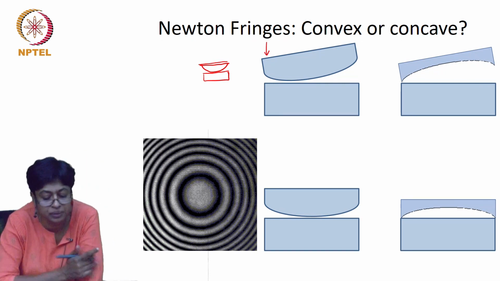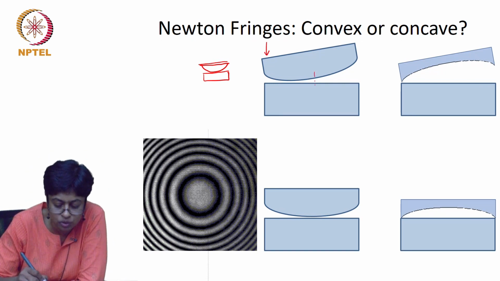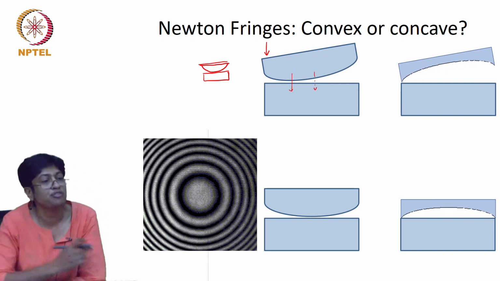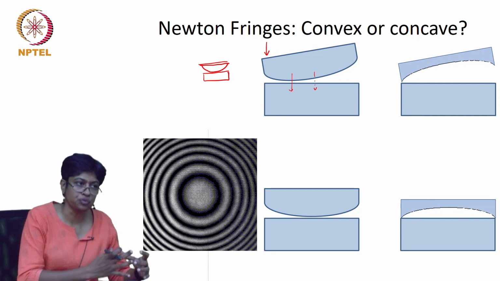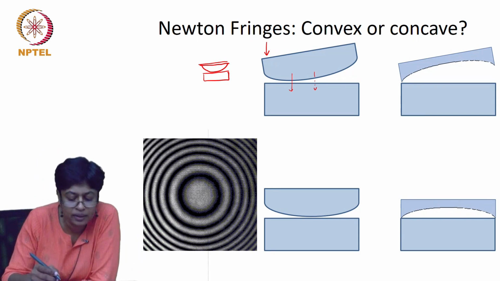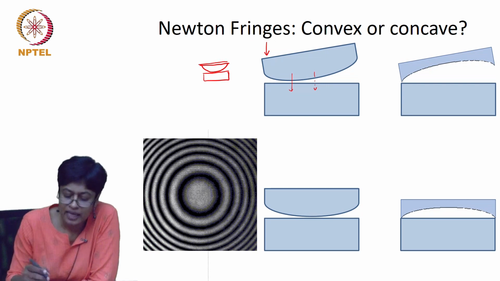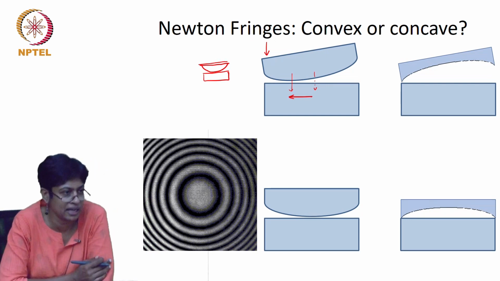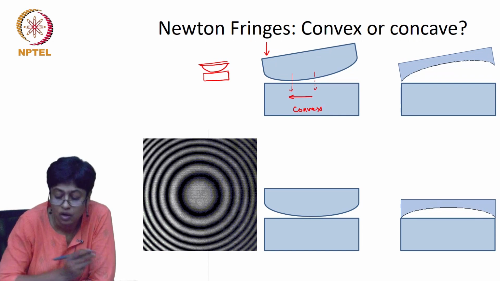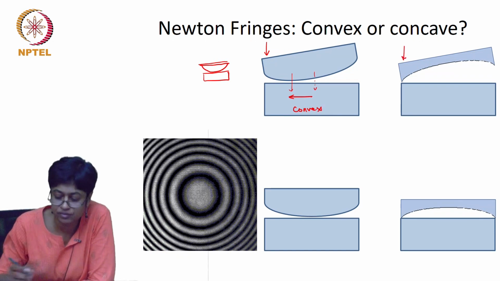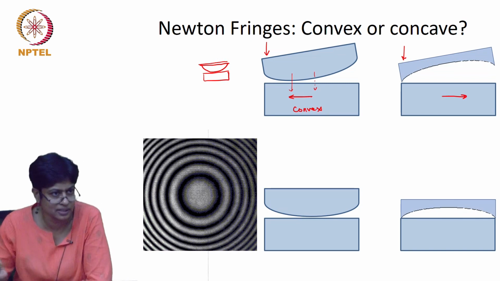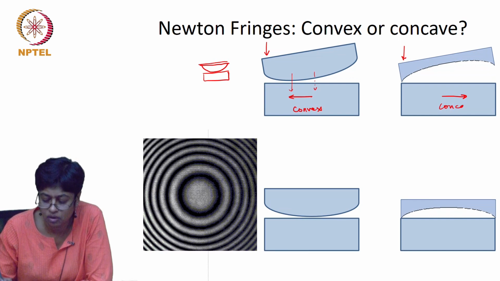Now, when you press down here, the center that was originally here has moved here. So, the center of your fringe pattern moves. So, if you are applying pressure on the left and the fringe pattern moves to the left, then you will say you have a convex surface. On the other hand, if you press on the left and the fringe pattern moves in the opposite direction, then you know you have a concave surface.